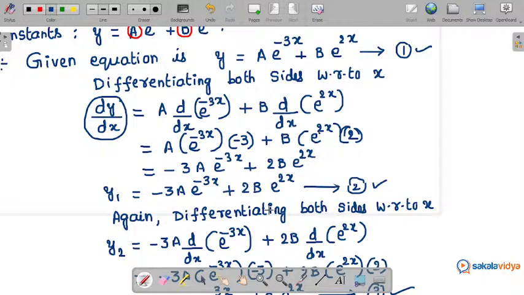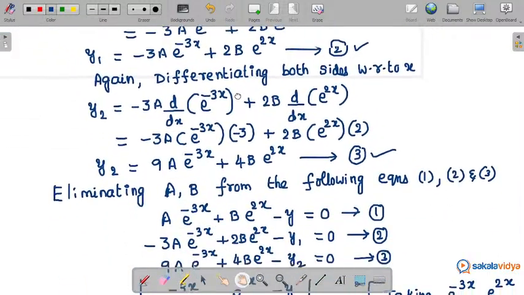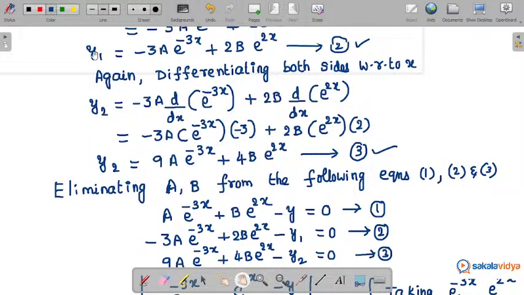Again differentiating both sides with respect to x, y1 becomes y2, the second order derivative, equals minus 3a times d by dx of e power minus 3x plus 2b times d by dx of e power 2x.